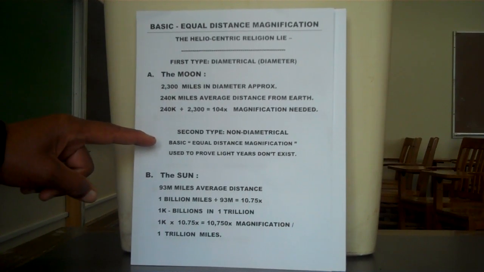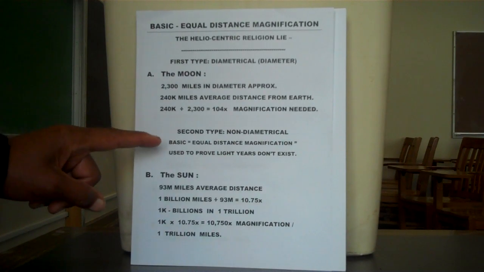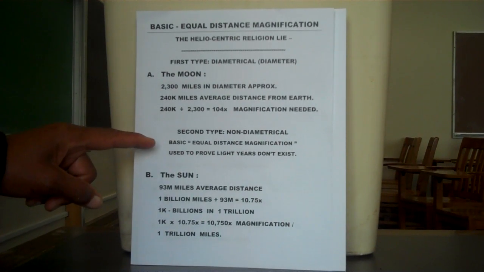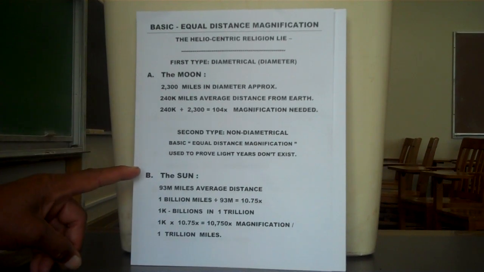Basic equal distance magnification used to prove light years do not exist. We'll go to B, the sun.